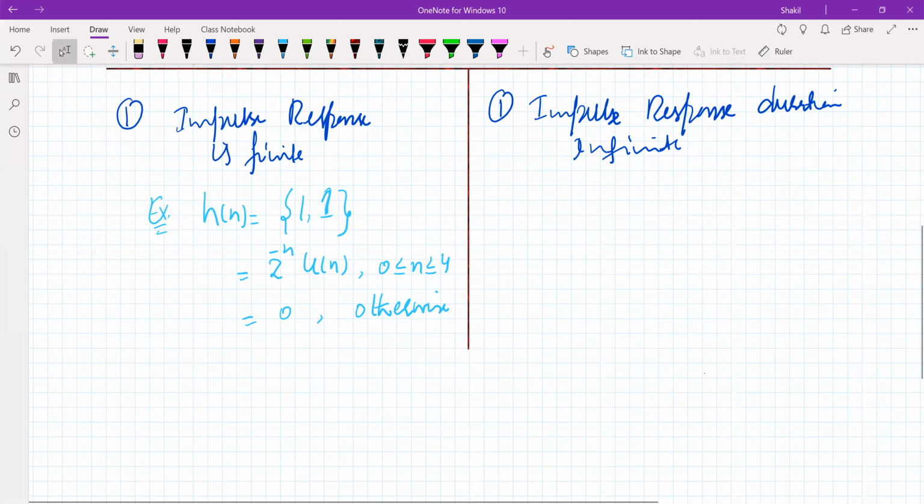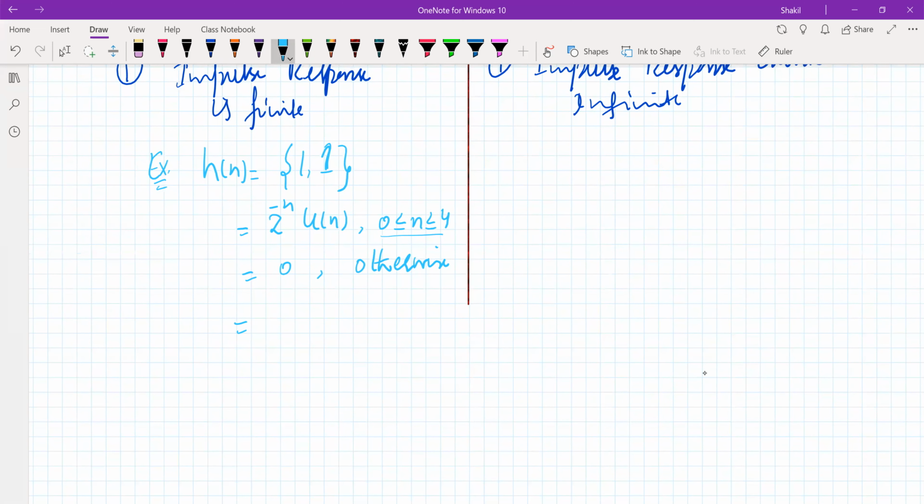So what is the duration of this impulse response? From 0 to 4. We can also write it as a sequence. When n is equal to 0, this will be 1. When n is 1, this will be 1 by 2. When n is 2, this will be 1 by 4. When n is 3, this will be 1 by 8. When n is 4, this will be 1 by 16. So this is our impulse response of the system.